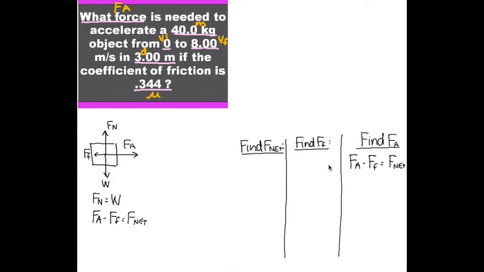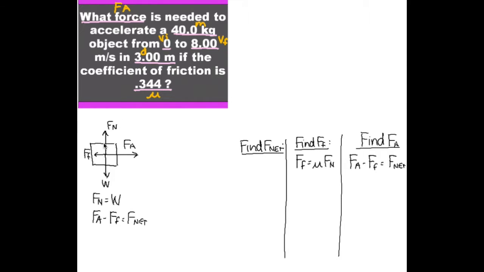Okay, back to this part. We need to find the friction force. Well, we already used this equation. The only other equation that has FF in it is the friction equation. Let's see if we're ready for this. We're looking for friction. We need to know mu. Yep, we got it. And the normal force. We don't have the normal force.